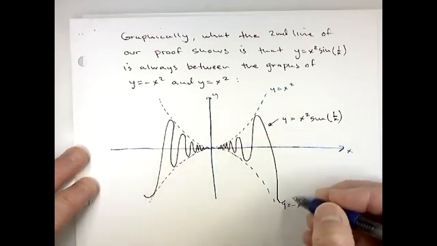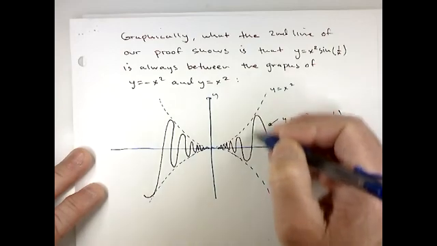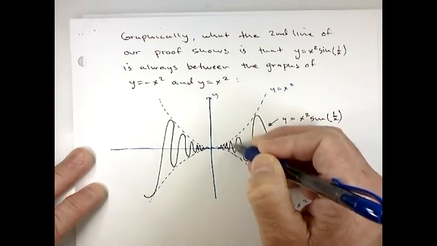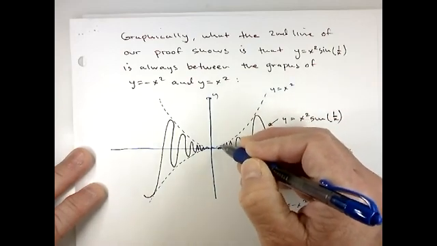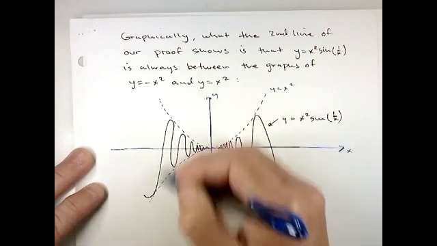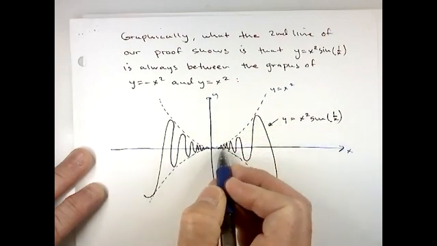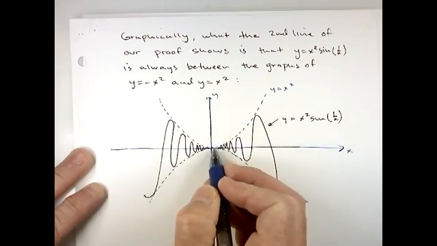This graph does have a sine in it, so it is going to oscillate, but it's always stuck between these two parabolas. So as we get closer to 0, see how it's getting sandwiched between the two parabolas? Same thing on the left side. And so you can tell why that limit has to be 0, because the two parabolas get closer to 0 as you get towards the origin.